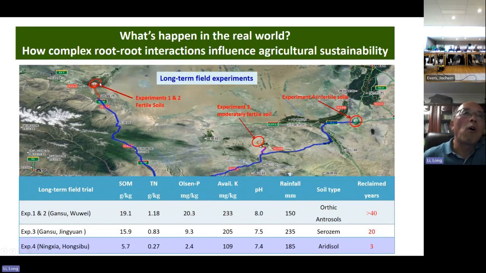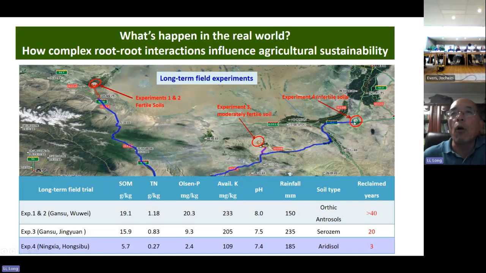I think Wopke van der Werf also visited there several times. Here we have two experiments with somewhat higher soil fertility, and another experiment here is moderately fertile soil that was reclaimed about 20 years before our experiment was conducted.